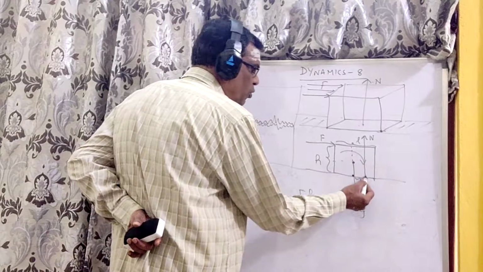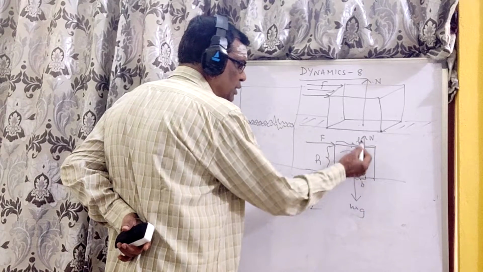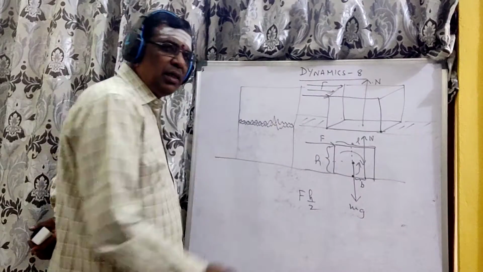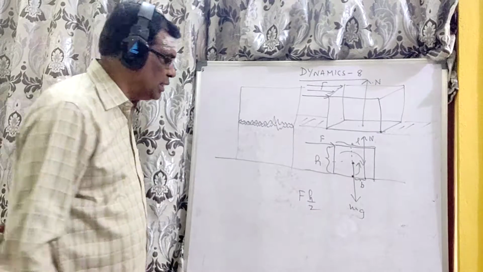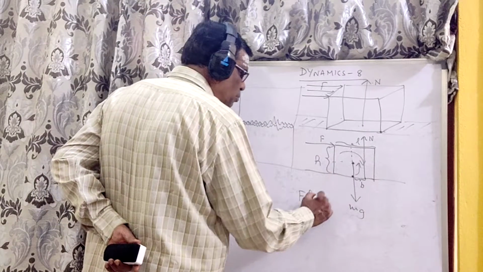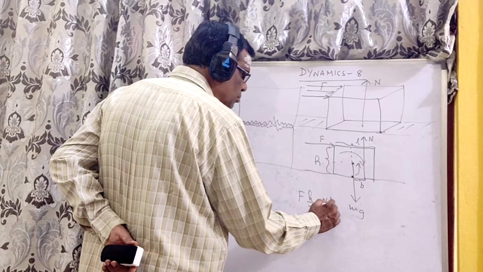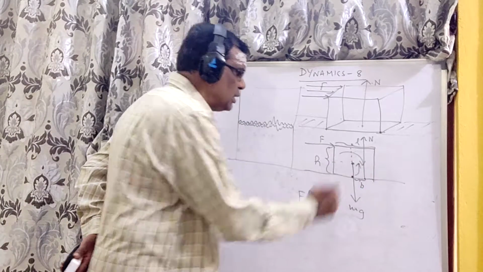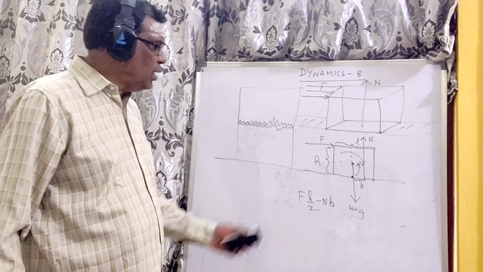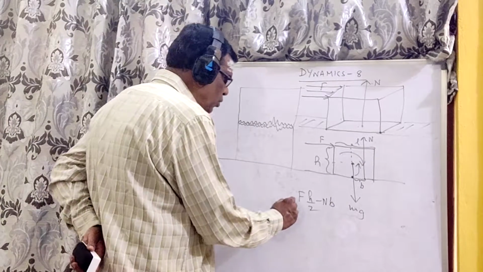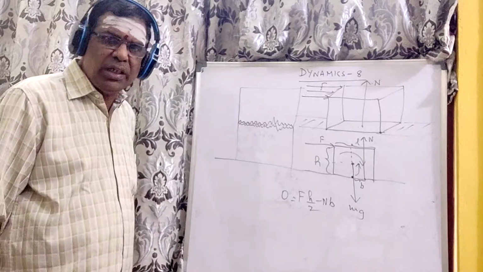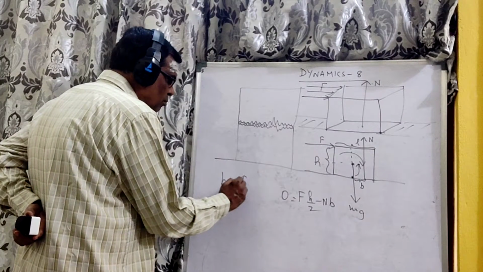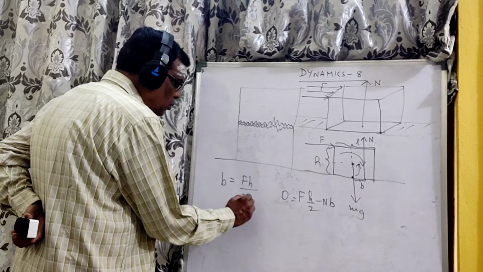So, the only force that can contribute is this. And how does it tend to rotate? In the anti-clockwise sense. If this is plus, that is minus, acting at a perpendicular distance b, and there is equilibrium, therefore this is equal to 0. So what is your b? b = Fh by 2N.